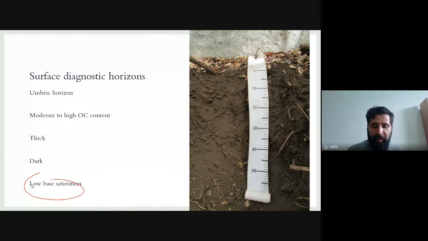It's not formed by human activity, but we present a high content of organic carbon, but a low saturation. In this case, the organic carbon content is quite related to the action of the clay fraction and aluminum.